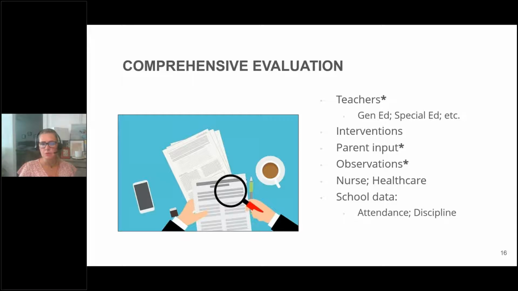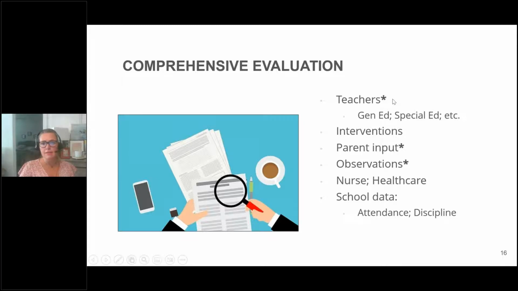As I mentioned before, it's really important to get that input from the parents. We have to observe that student in the classroom. We have to have information from the nurse, information about students' vision, hearing, motor difficulties. And then school data needs to be incorporated as well. And that would include things like attendance, discipline reports, etc.